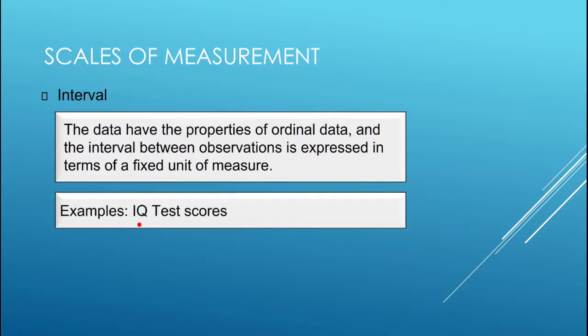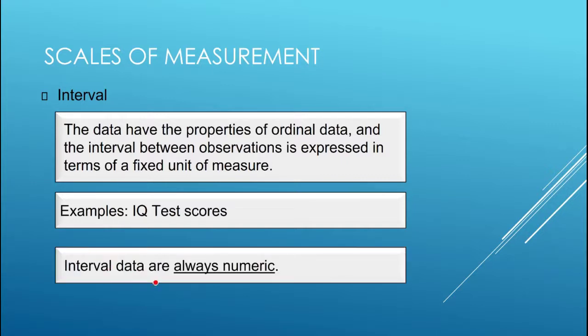An example might be IQ tests. If one individual scores a 130 and another individual scores a 100, then it's meaningful to say that the first individual scored 30 points higher than the second individual. So that's an interval scale. Interval data, as I mentioned, are always numeric.